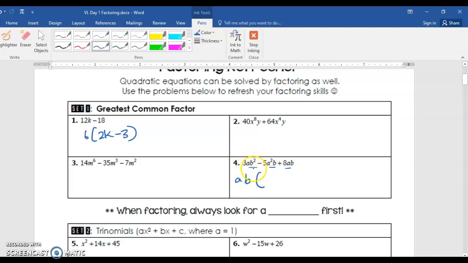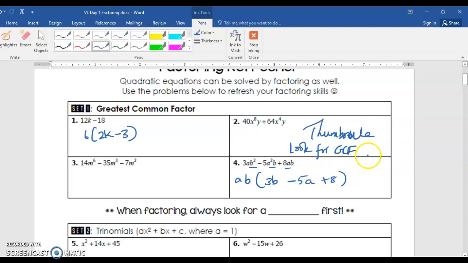When you divide by a and b here, you're just left with 3b minus 5a from the second term and just 8 from the last term. Okay, so this is the GCF. The rule of thumb for any factoring is to find the GCF. Just look for the greatest common factor before you factor.